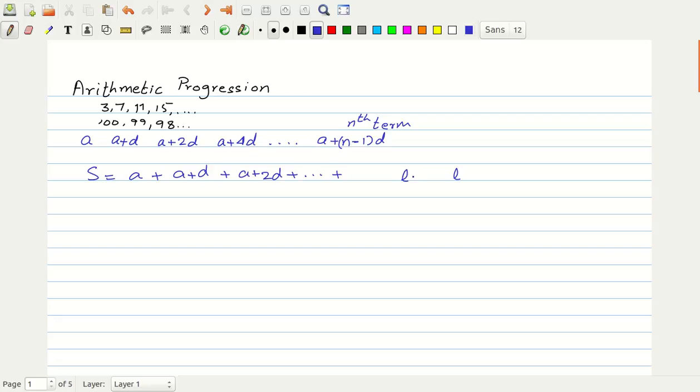It will be L minus D, and the term before this would be L minus 2D, right?